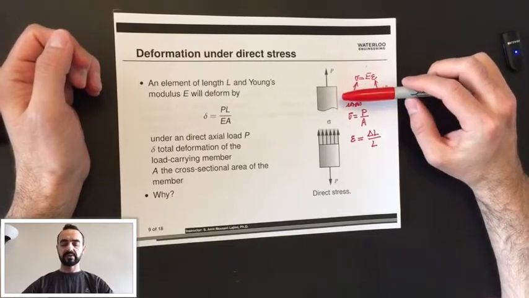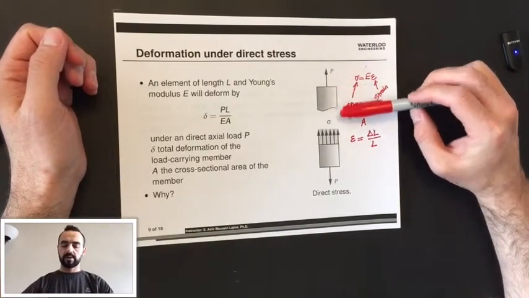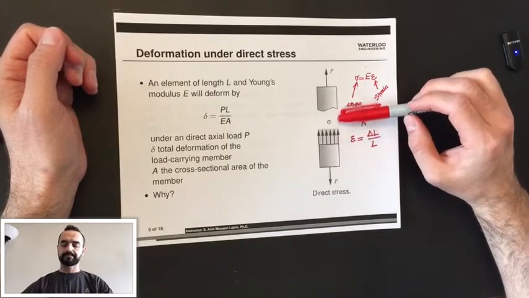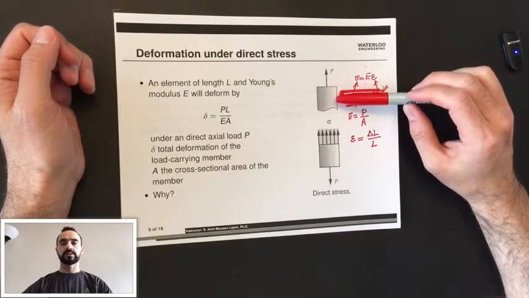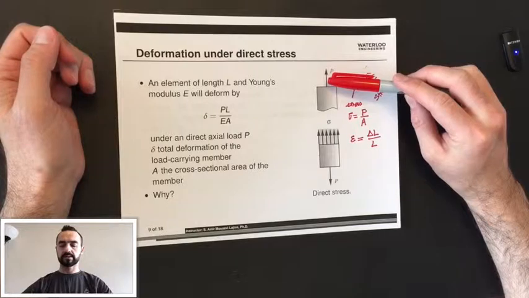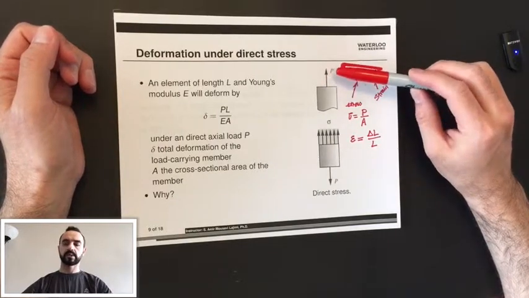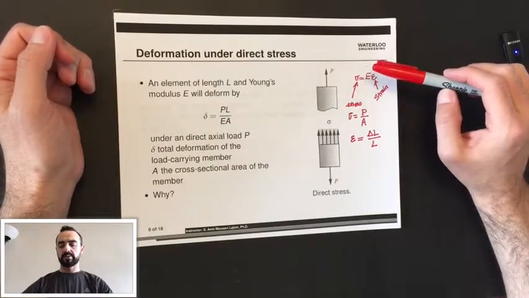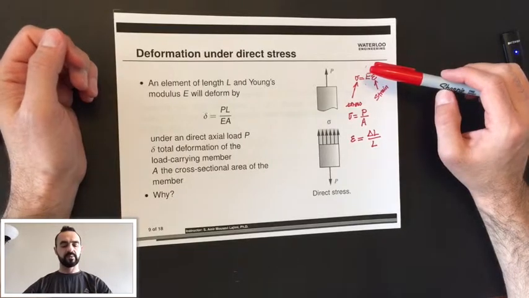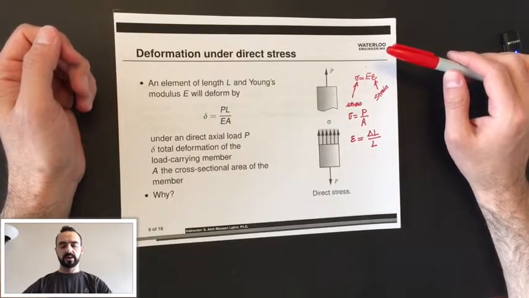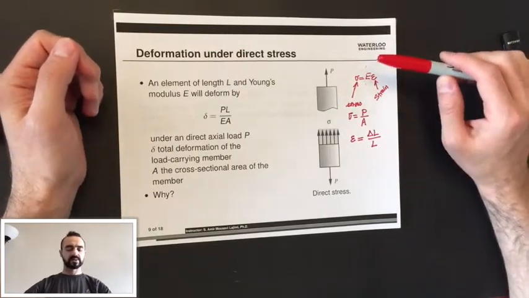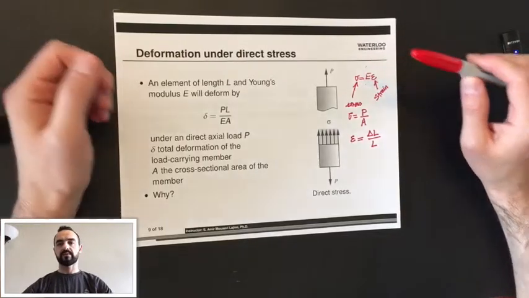So if we have a uniform member under uniaxial uniform load P, the elongation is going to be PL over EA. L is the original length of the member.